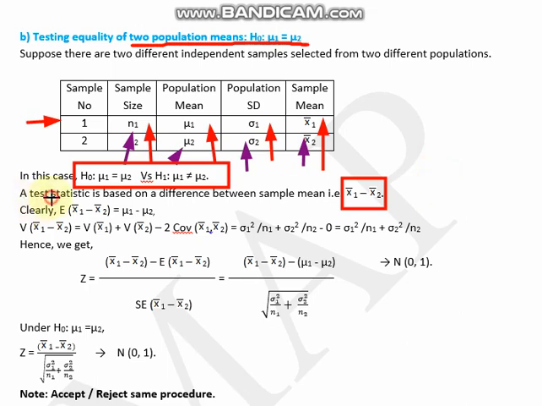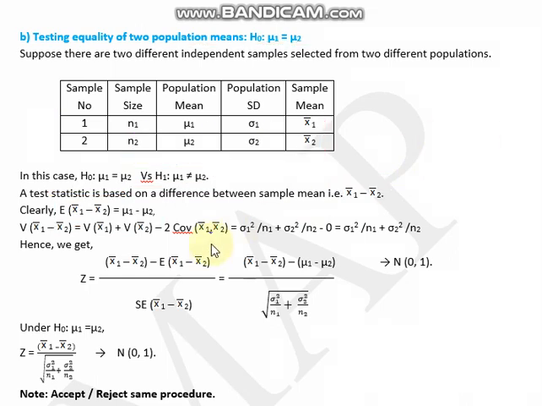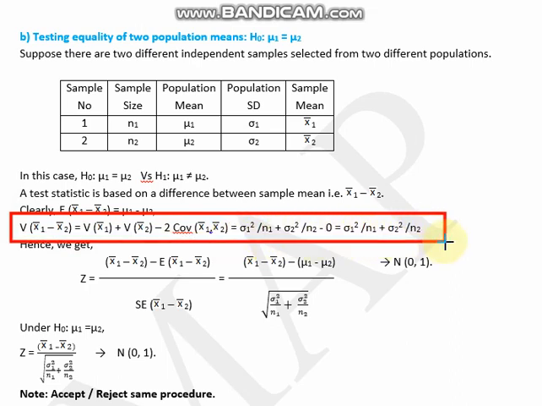Clearly our expectation of x bar 1 minus x bar 2 is mu1 minus mu2, and variance of x bar 1 minus x bar 2 is variance of x bar 1 plus variance of x bar 2 plus 2 times covariance, and this comes out to be sigma 1 square upon n1 plus sigma 2 square upon n2, whereas this covariance term, since both the samples are independent, therefore covariance between x bar 1 and x bar 2 is 0. So variance of x bar 1 minus x bar 2 is sigma 1 square upon n1 plus sigma 2 square upon n2.